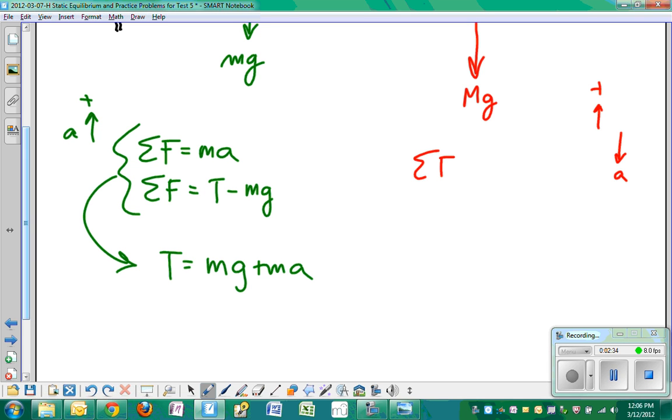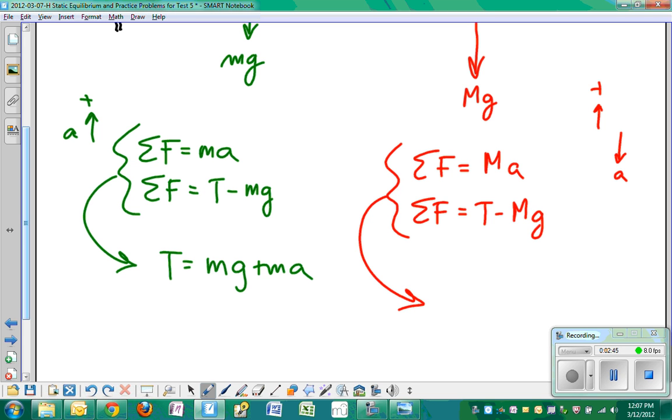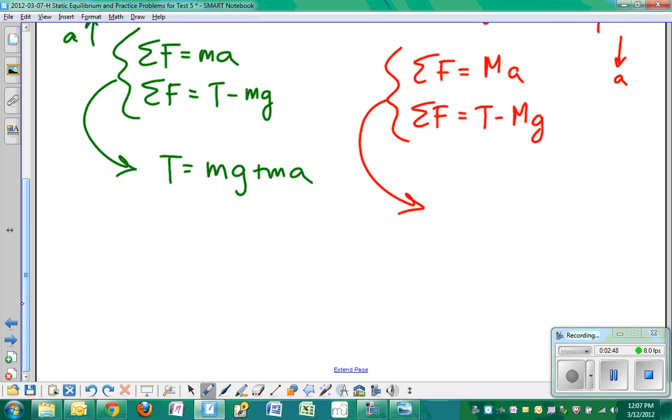So net force is equal to big M times A. Net force is equal to tension minus big Mg. All right? And now, over here I'm going to say A sub R, for Robin Hood. Okay? The acceleration of Robin Hood. All right, so over here, we're going to get the elevator equation again. We're going to get T is equal to big Mg plus big M A, the A of the chandelier.